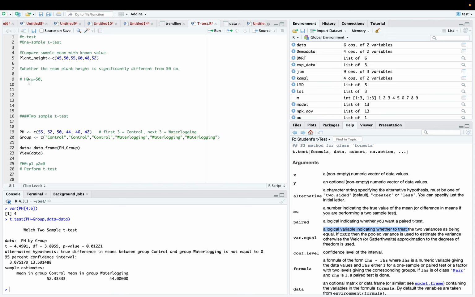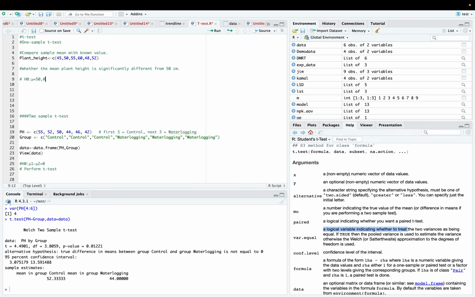So our null hypothesis is that the mean of plant height is 50. The alternative hypothesis will be mu is not equal to 50.